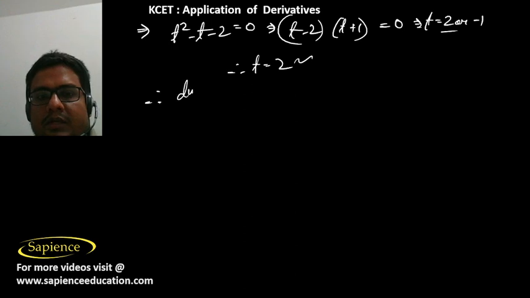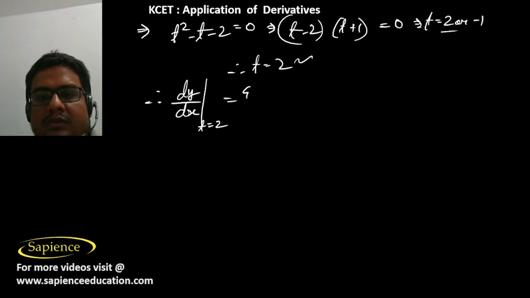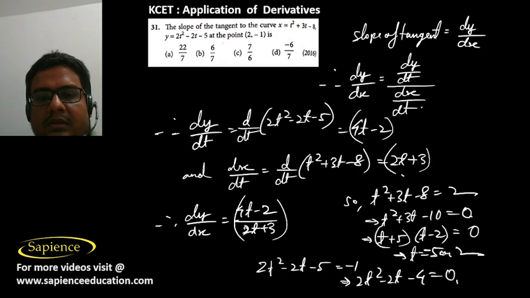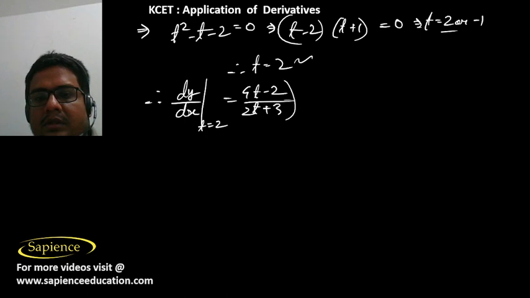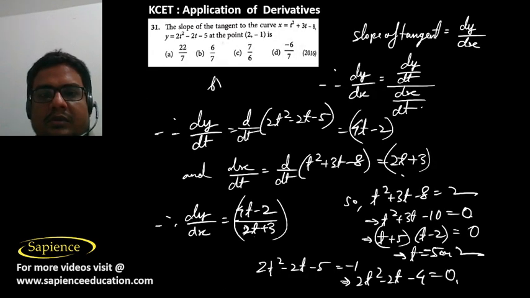Therefore find dy by dx at t equal to 2: that is 4t minus 2 by t plus 3, which is equal to 8 minus 2 by 7. Option B.